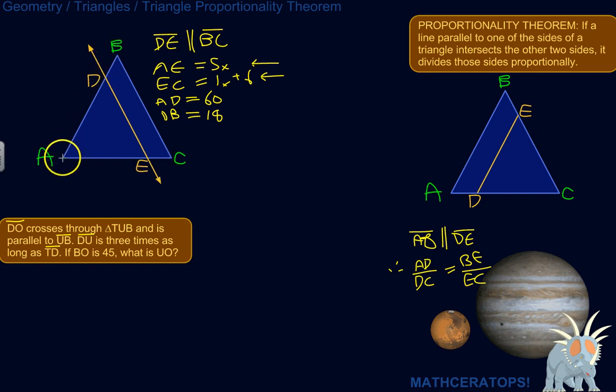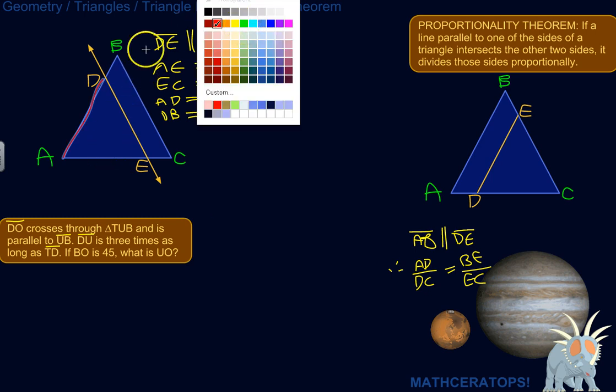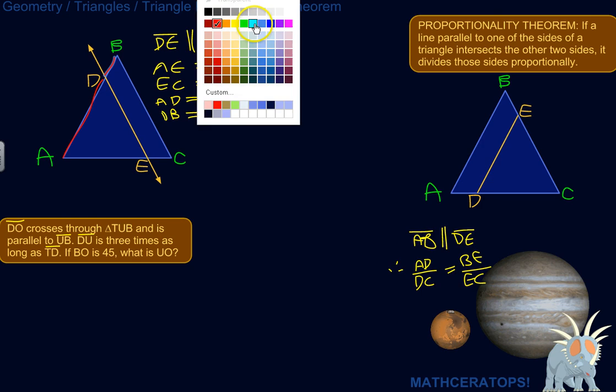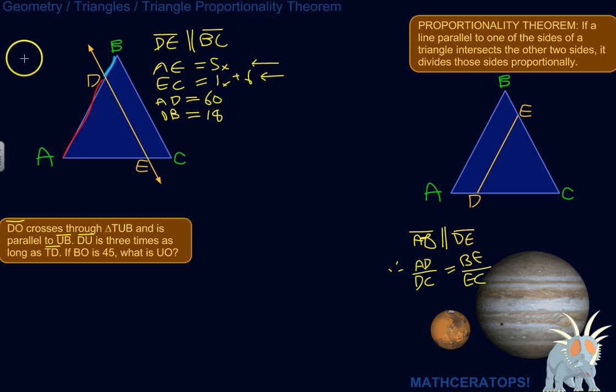So the ratio of this length, let me color code it. I think that would be a good idea. The ratio of that segment to this segment, I'm going to symbolize that like this.